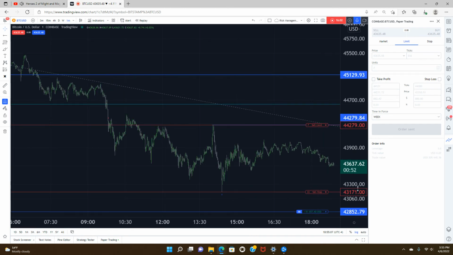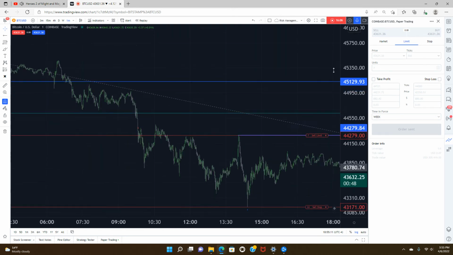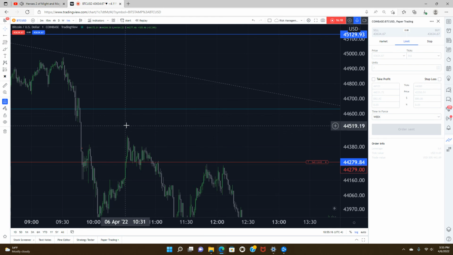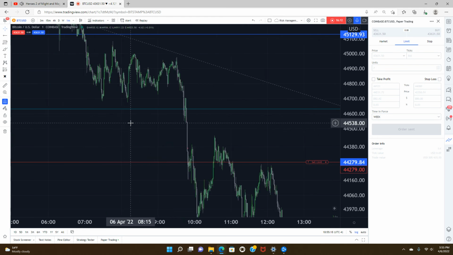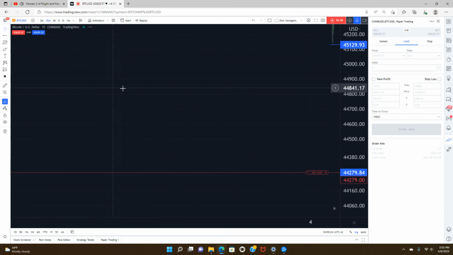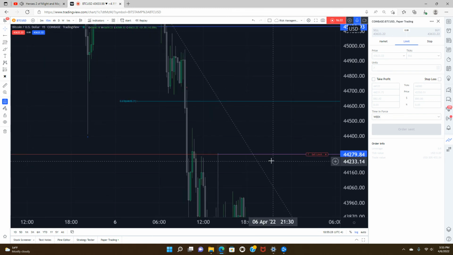A lot of people don't like to trade the 1 minute chart, but sometimes it will offer some insight into different levels. I don't want to make this too complicated. I'm just going to break it down into very simple levels that are easy to identify.